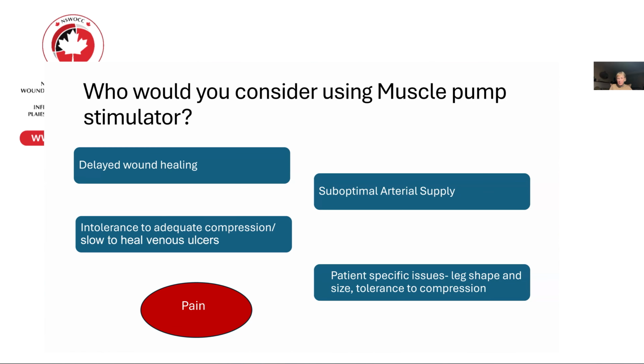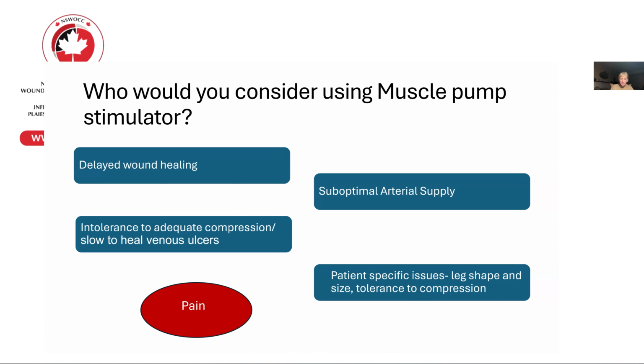Patients sometimes don't always tolerate compression. And pain is one of the newer reasons for me for using the muscle pump activator. But you should know that there should be a reason. I don't think you're going to put it on everybody, but there are certain situations, using the best practice guidelines, that you're not getting healing because you can't get that fluid out of the extremity. The muscle pump activator or stimulator is an alternative.